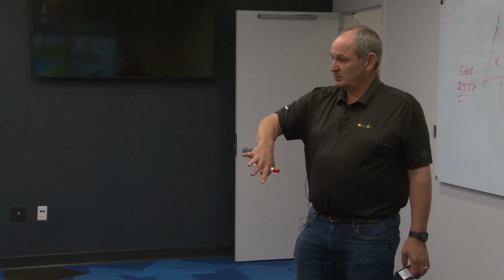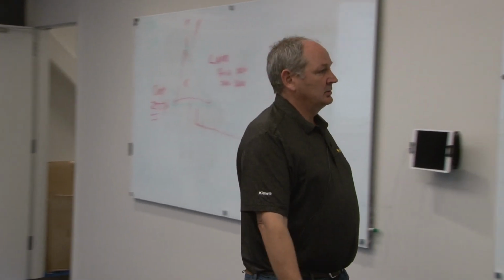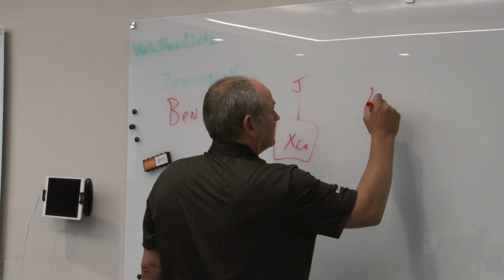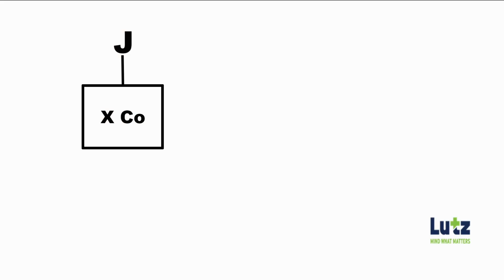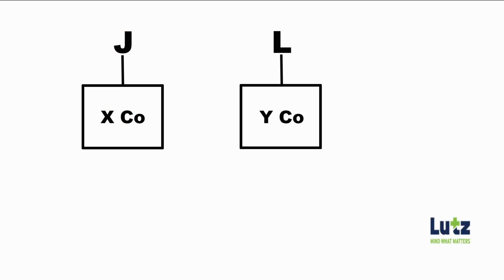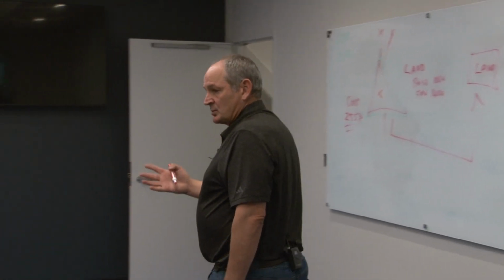A Q sub is, Jameson, this is an example, this is not the only example, decides that Lucas owns Yco. And Yco could be either an S corporation or it could be a C corporation.